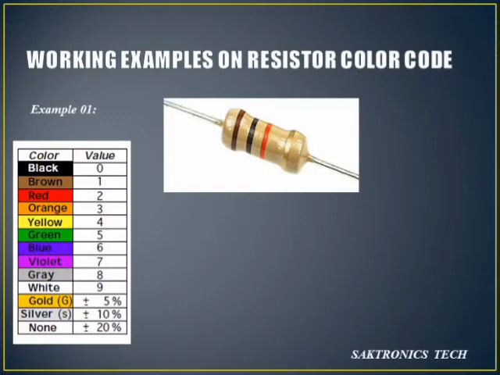The answer is that we always start from the color that represents a number, not a tolerance. Gold represents a tolerance, plus or minus 5%, while brown represents a particular number, and that number we are going to write as it is.